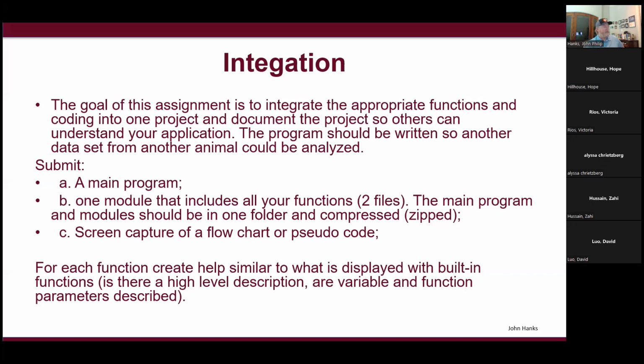You should submit a main program and an extra module, another file that includes all of your functions. So it's a total of 2 files. The main program and module should be in one folder and compressed. When you do your peer reviews, you'll download the one zip file, put it in one folder, and it should work.